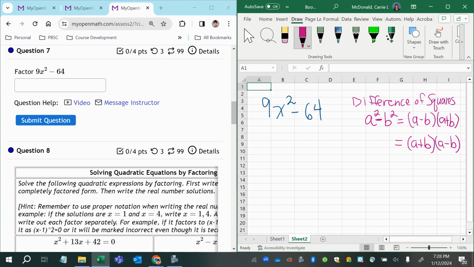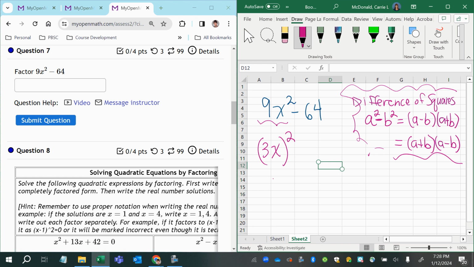So now I want to see if I can use this special pattern for this polynomial. So I'm looking for two things. I'm looking for the first term to be something that I can write as a perfect square. And I can write 9 as 3 squared, and I can write x squared as x squared, so 3x quantity squared.